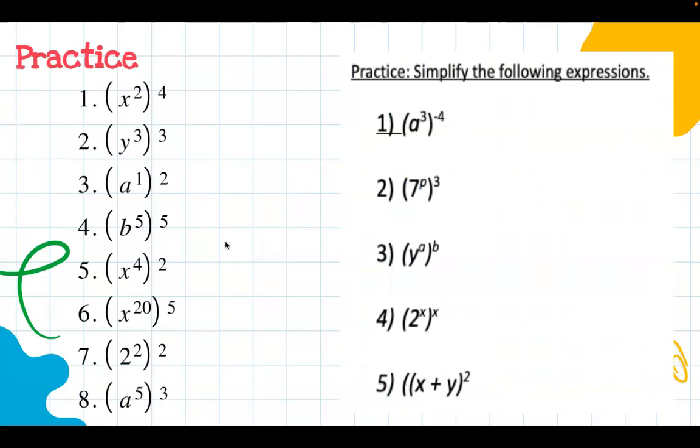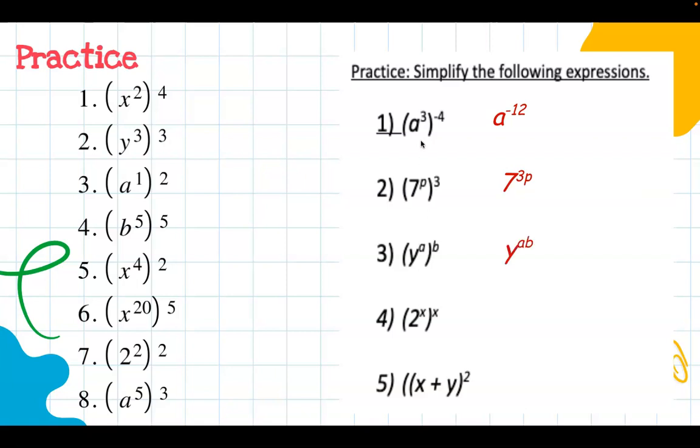On your paper also, you are given these on the right side here, 1 to 5. So go check, use the rule. We have a raised to the 3 raised to the negative 4, and applying the rule, we multiply the exponents, so you have a to the negative 12. For number 2, it should be 7 raised to 3p.